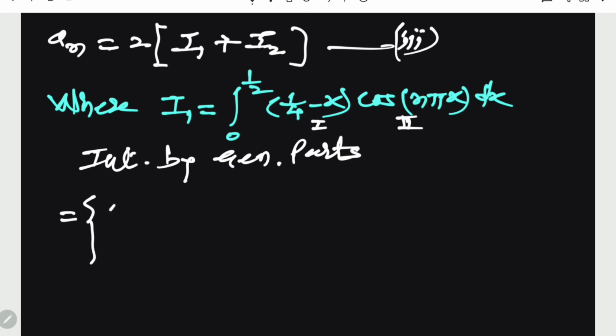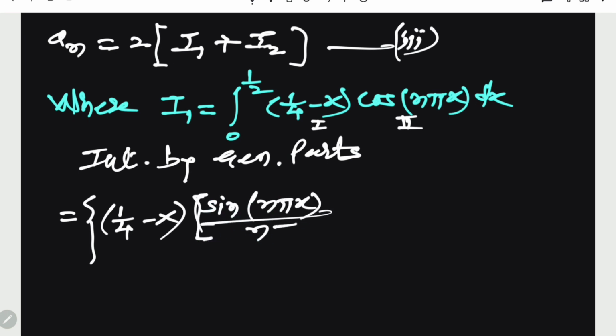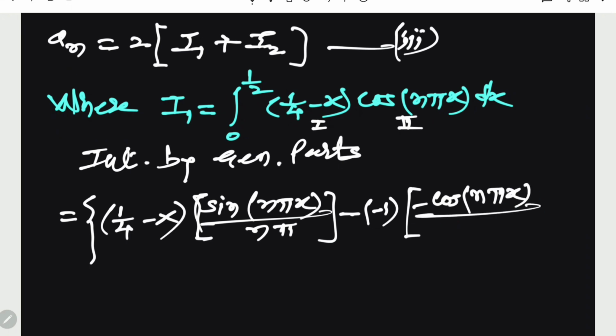Therefore, first term as it is, integration of the second term, integration of cos is sine n pi x divided by n pi, minus the derivative of the first term, which is minus 1, times the integration of sine, which is minus cos n pi x whole divided by n square pi square. The next term becomes 0.